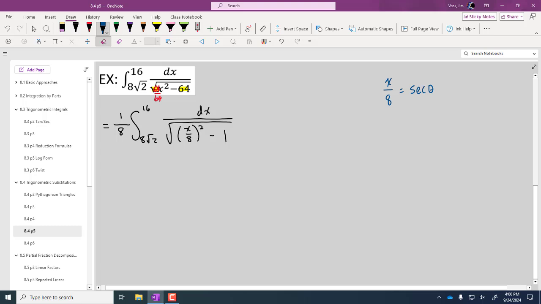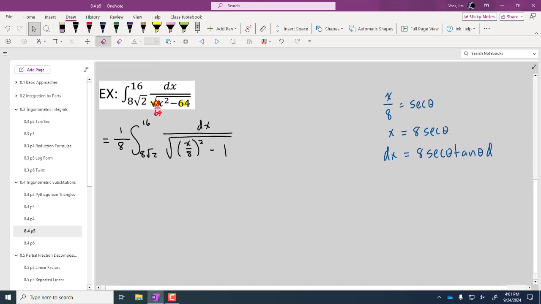If you want, you can multiply by the 8. It doesn't really matter. A lot of times you have a dx isolated, so maybe it's helpful to move it. We take our derivative.